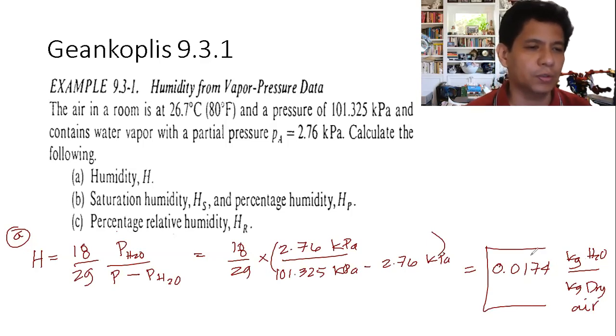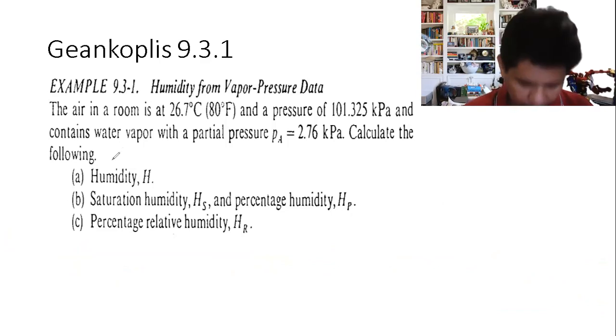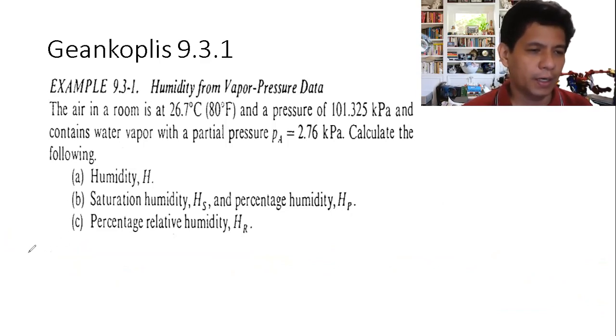Okay, so let's try to solve the percentage relative humidity, letter C. I'm going to clear this. For percentage relative humidity, you need to use the steam table to find PS H2O or P star H2O. Because if you still remember, the relative humidity equation is pH2O divided by P star H2O.